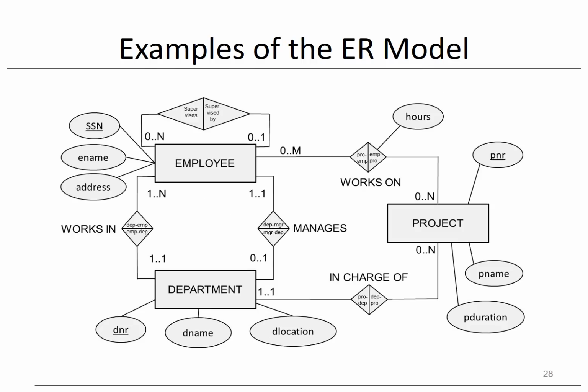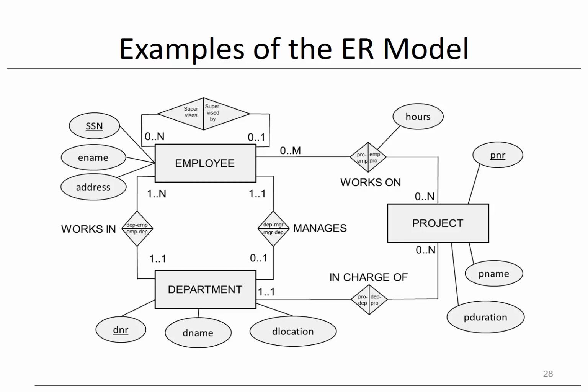Here you can see the EER model for a human resources administration. It has 3 entity types: employee, department, and project. Let's read some of the relationship types. An employee works in minimum 1 and maximum 1, or does exactly 1 department.